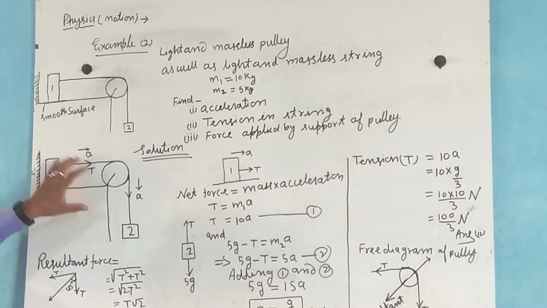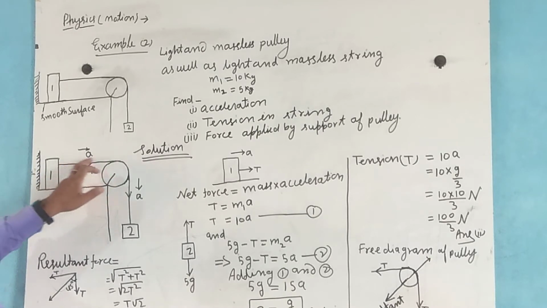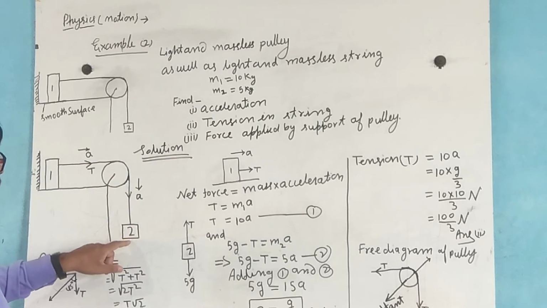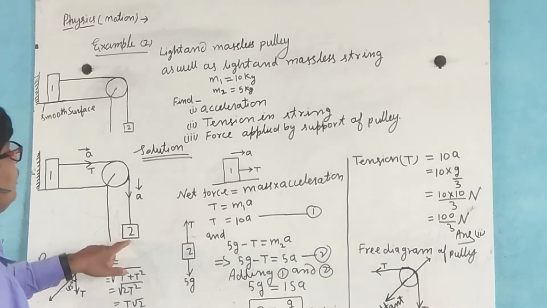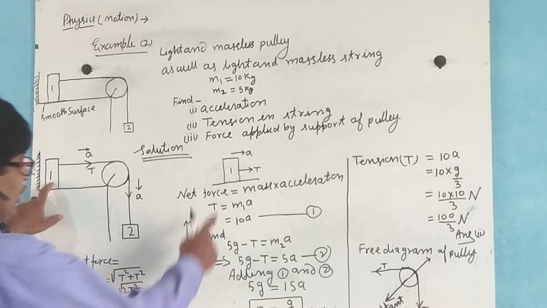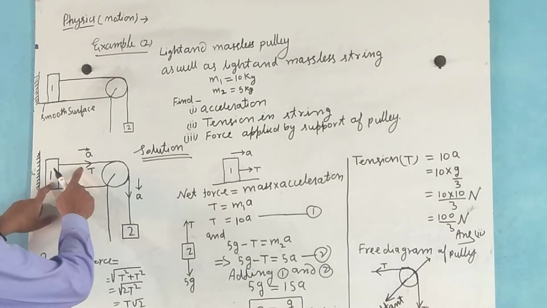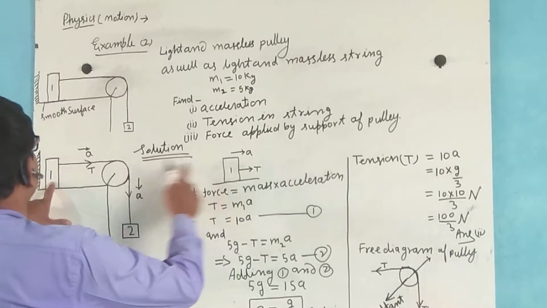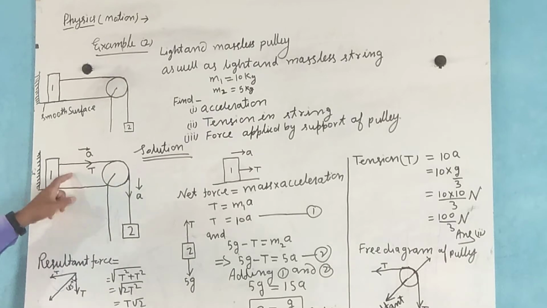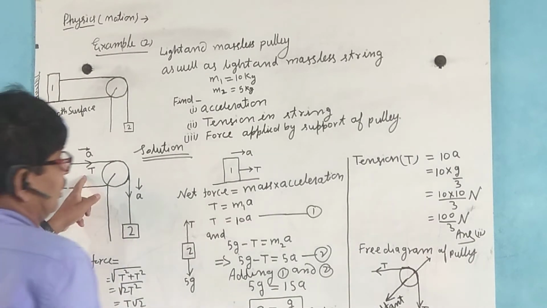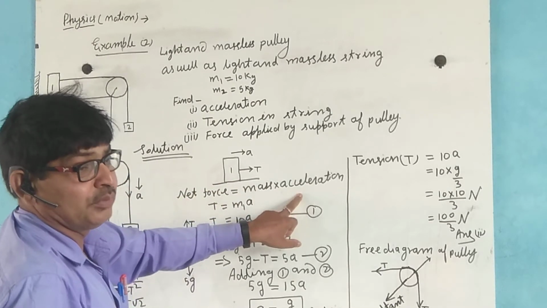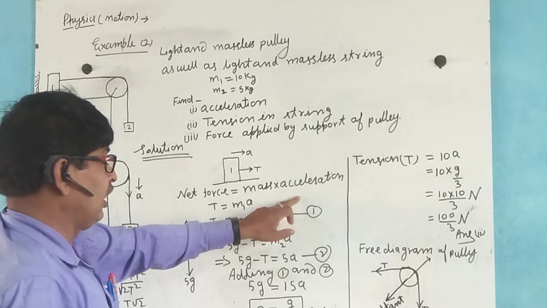Now this is a pulley, and it moves with acceleration a here, because here is mass 2. We take the free body diagram, mass m1, with tension T attached here, because the block is pulled in the backward direction, so the net force T is equal to mass into acceleration by Newton's second law.